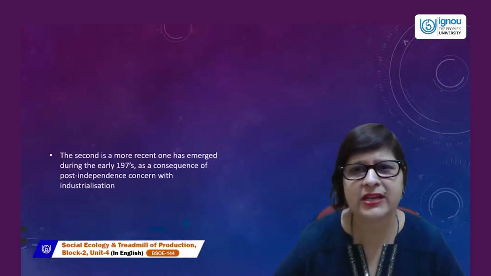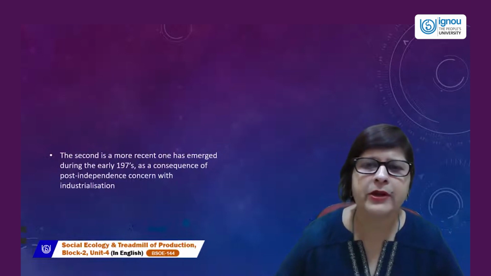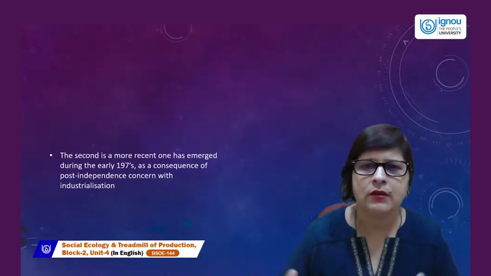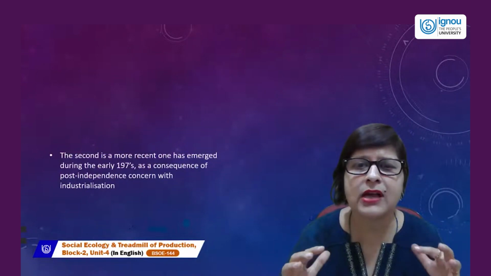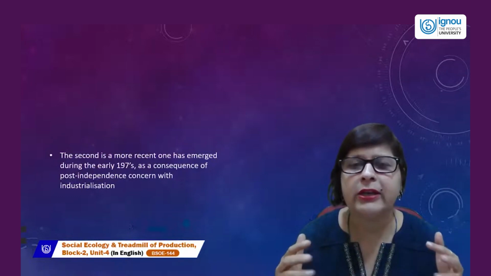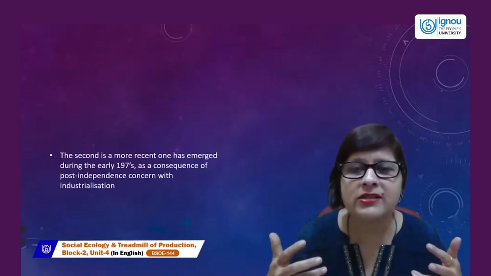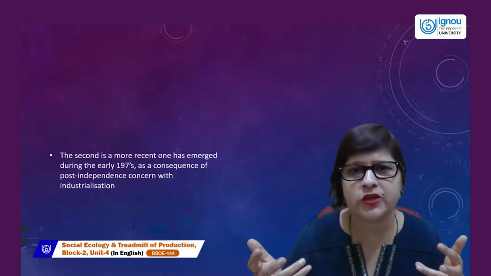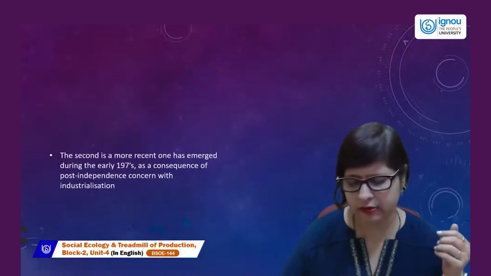What capitalists do is they utilize the natural resources up to maximum capacity, and they dump their waste into the environment, which impacts the flora and fauna of the environment. So the second wave started in the 1970s because of rapid industrialization.